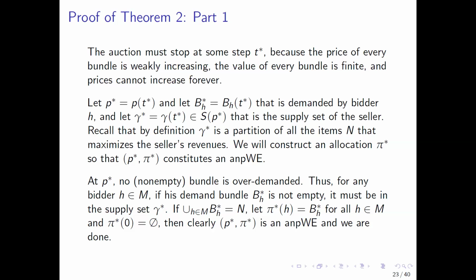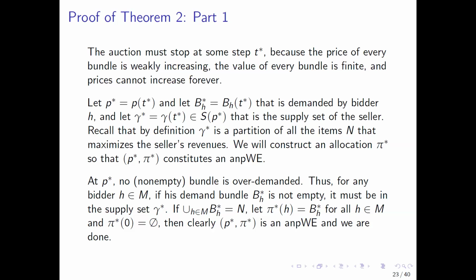Because you see in this process the prices are weakly increasing, and the valuation of every bidder is finite. So the value is finite, so it cannot go forever. So it must stop somewhere.